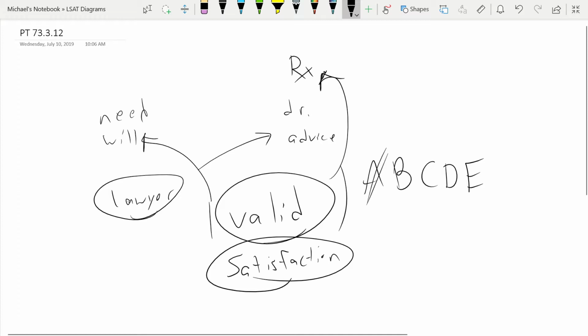D says, no, D just says wills are bad in general, which doesn't matter because we need a comparison between the cases. No, E doesn't give us the conclusion about wills, which is what we need.